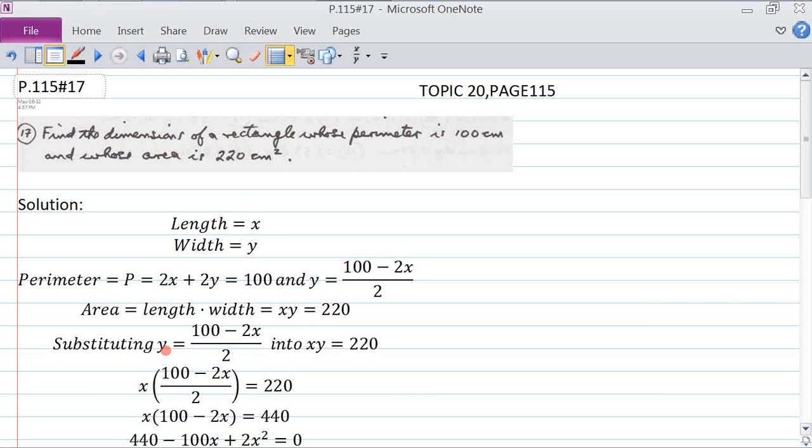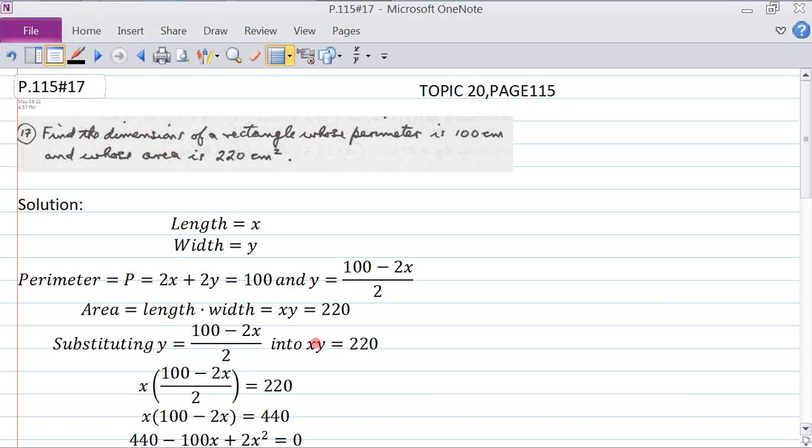So now I substitute 100 minus 2x over 2, which I got over here, into xy equals 220. The x stays the same, and instead of y, I'm going to write 100 minus 2x over 2 here. So what I've done here is to get everything in terms of one variable.